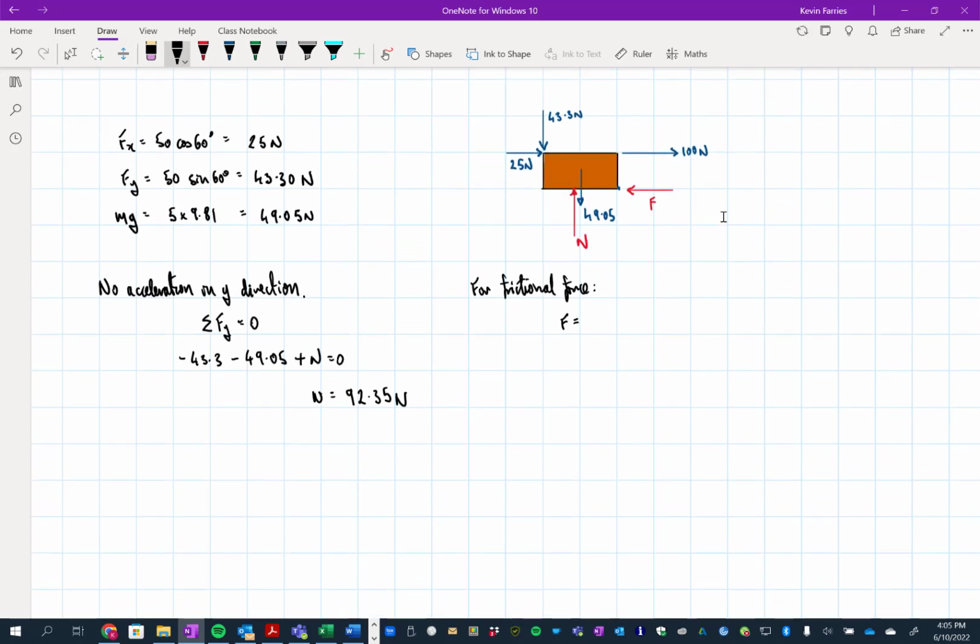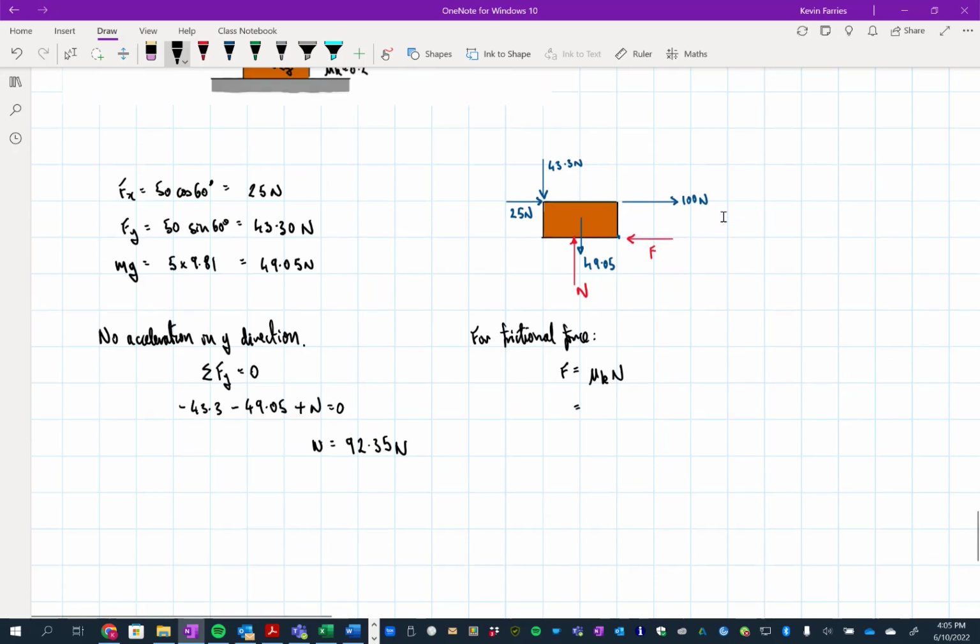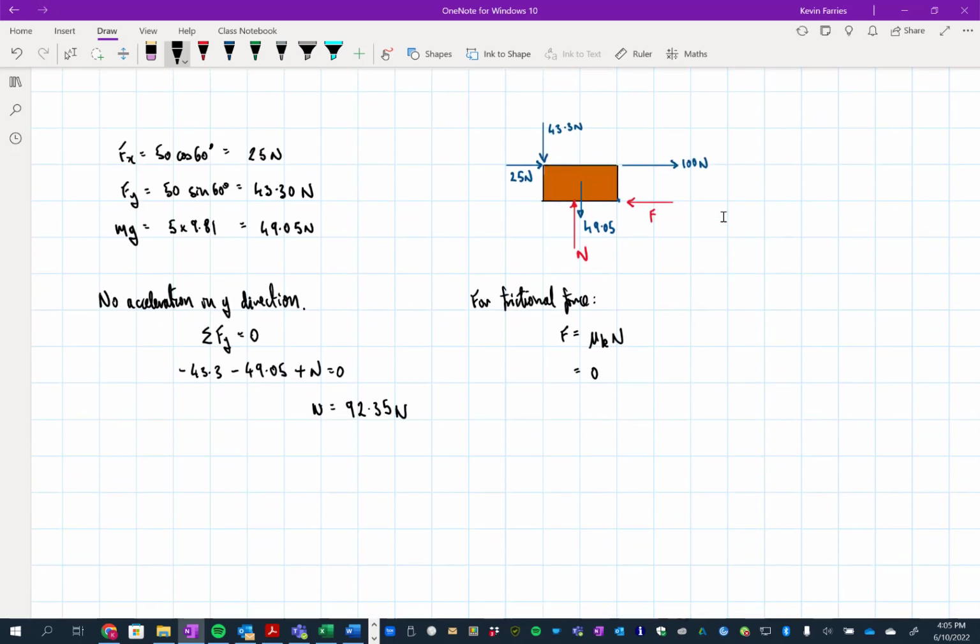Frictional force F is going to be equal to kinetic coefficient of friction times the normal force. The kinetic coefficient of friction was 0.2 times 92.35. 0.2 times 92.35 is equal to 18.47 newtons.